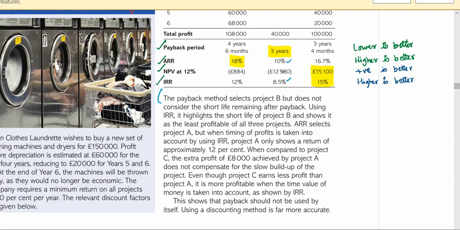Only payback period is favorable for project B. The remaining three are against project B, so we discard project B from our list.